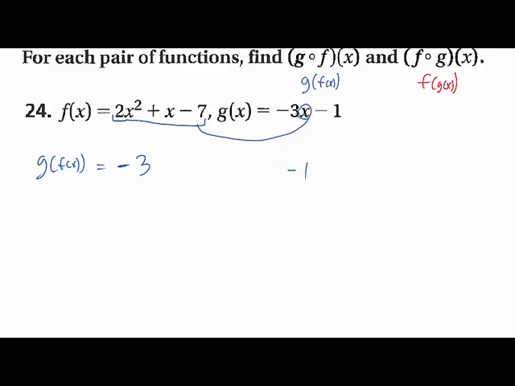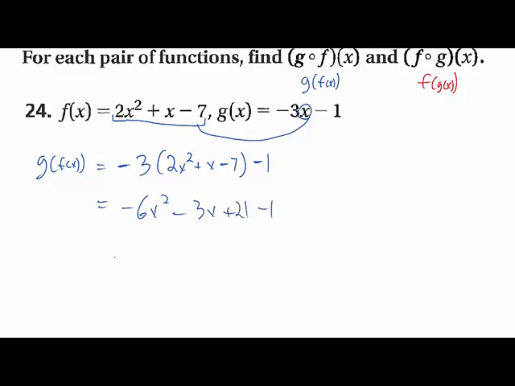So I'm going to put -3 of 2x squared plus x minus 7. And then don't forget the minus 1, which is part of the g right there. And we simplify if we can. So that comes out to -6x squared minus 3x plus 21 minus 7.